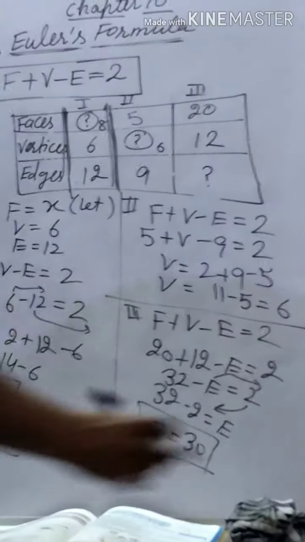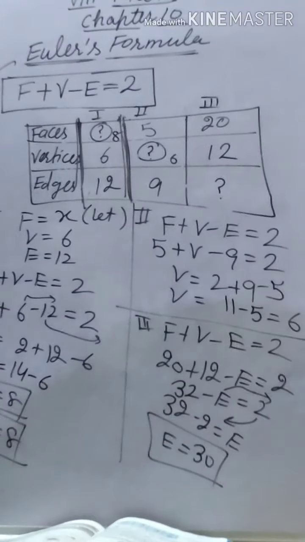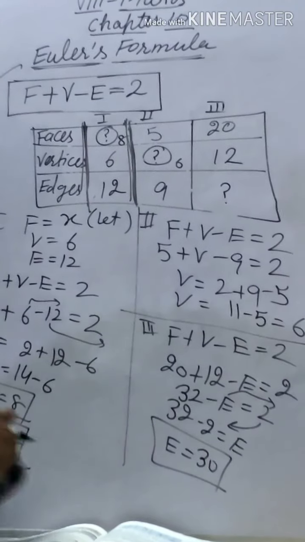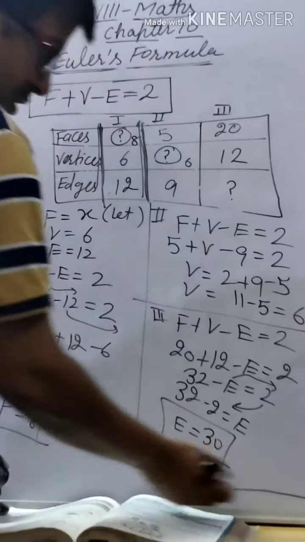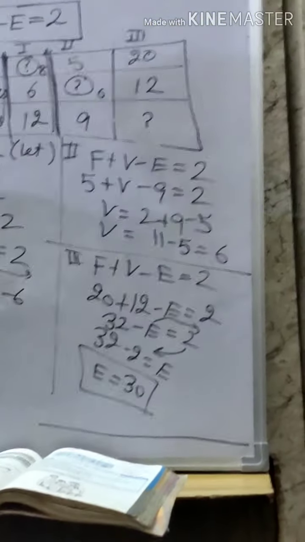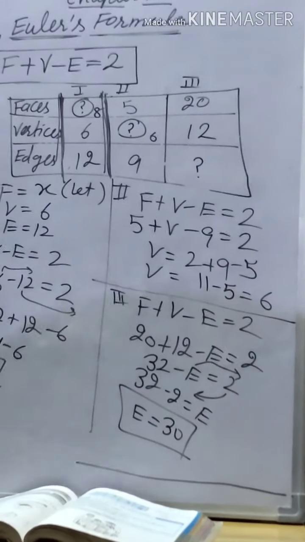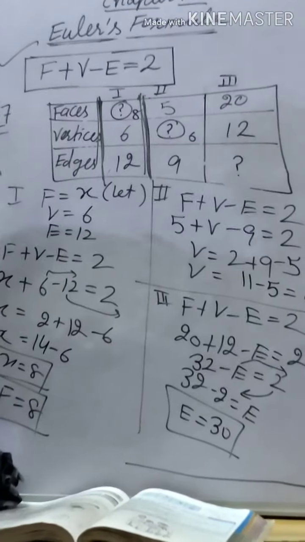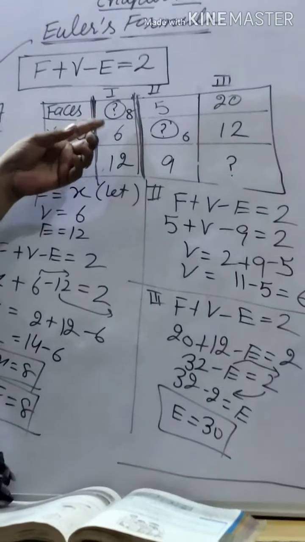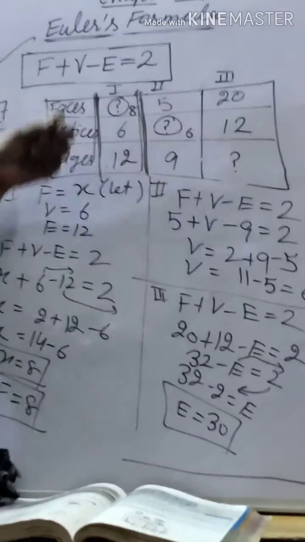Clear? So my dear students, in this way we can check and verify also. Anybody can ask how many faces there are, how many edges there are, and then verify Euler's formula. And if in a polyhedron vertices and edges are given, find out faces.